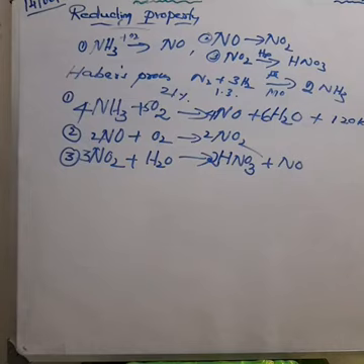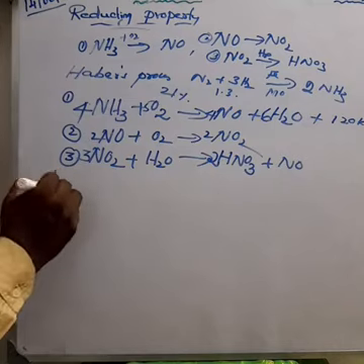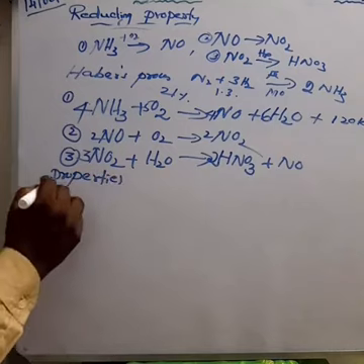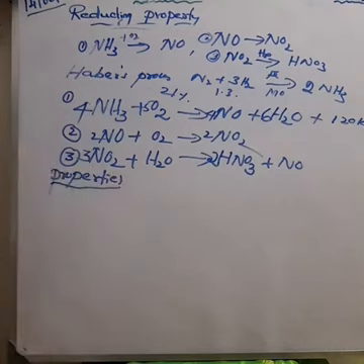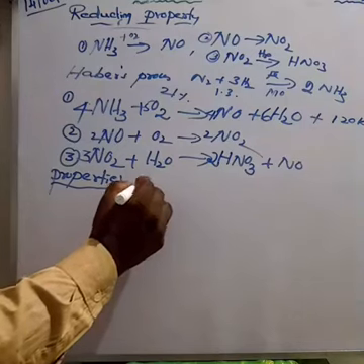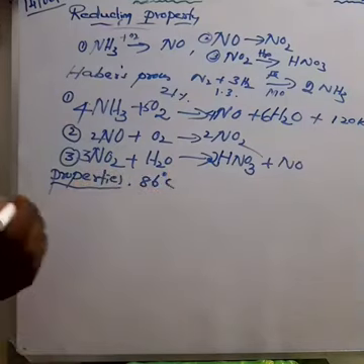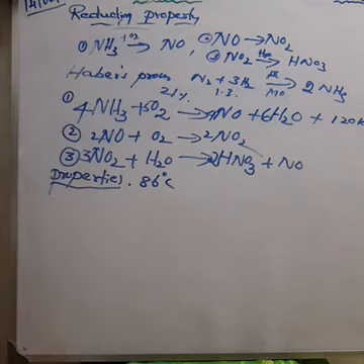Next, what are the properties of nitric acid? First one, it is a colorless liquid. Try to learn the boiling point. It boils at 86 degrees Celsius. It is completely miscible in water.